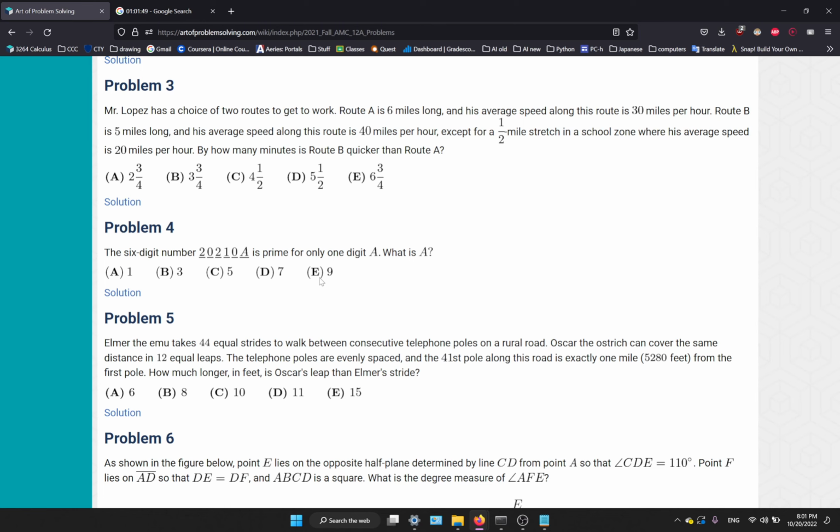If the number ends in 9, it's not going to be divisible by 3, because we just showed 2 plus 2 plus 1 plus 9 is 14. So I'm thinking it's only going to be able to be divisible by 7, right? So let's try it.